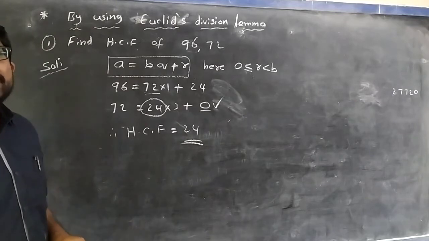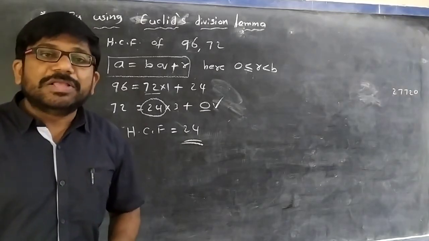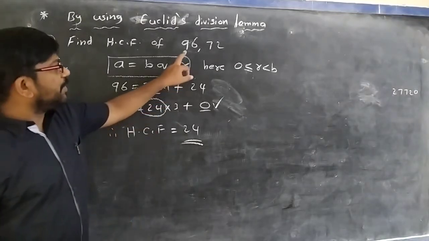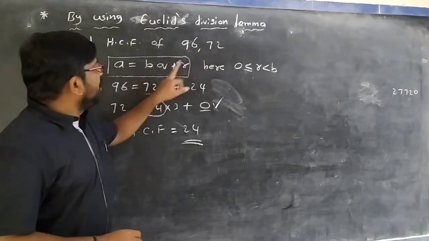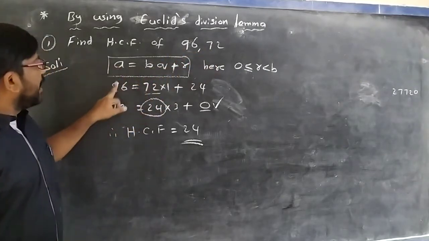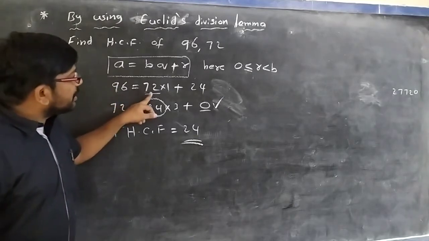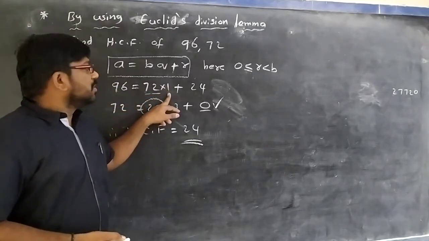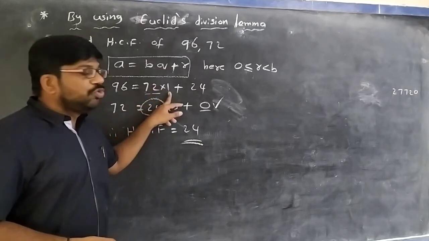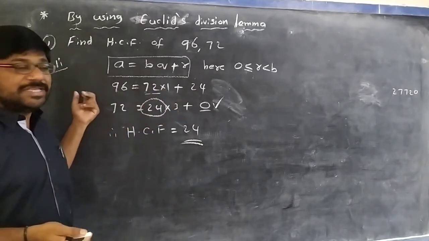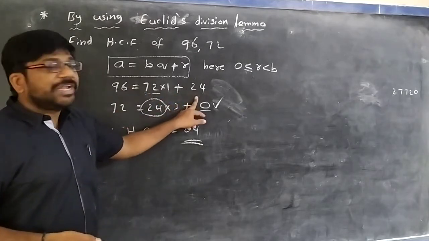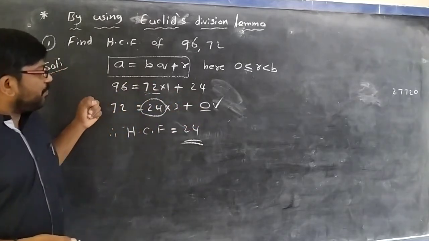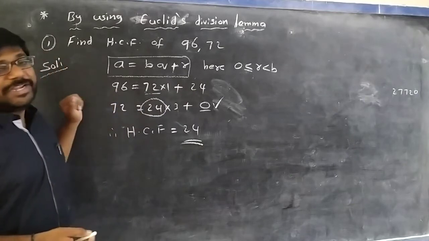So this is the process of Euclid's division lemma. So once again, listen. Take the bigger number as the dividend and the next as the divisor, right? So 96 can be written as 72 into 1. Suppose you take 72 into 2, it is heavier than 96, right? 72 ones are 72 plus remainder 24, right? 72 plus 24, 96.